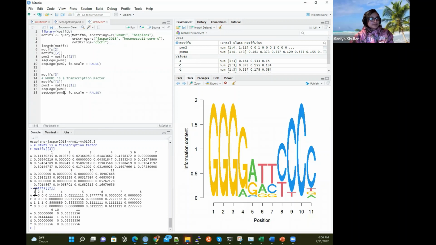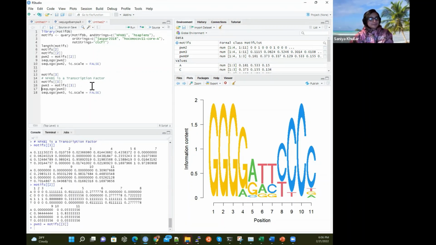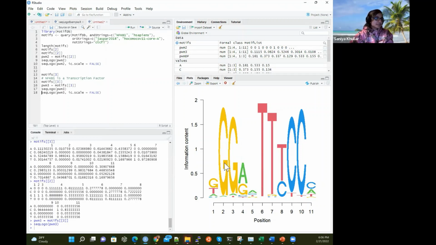So let's see, the third one doesn't start out super strong with G and G here. So we can see what this looks like here. So G and then G here. So it's a bit different, this probability weighted matrix.